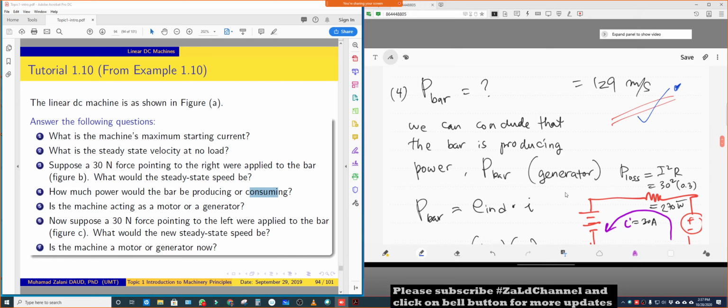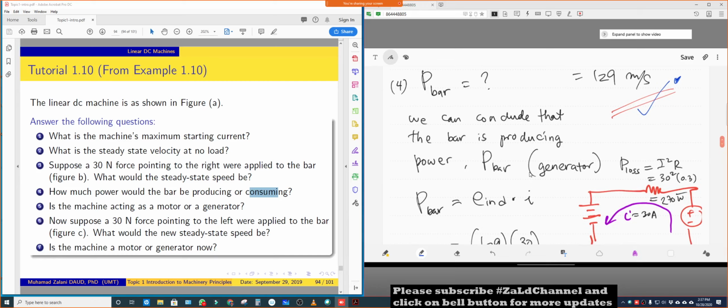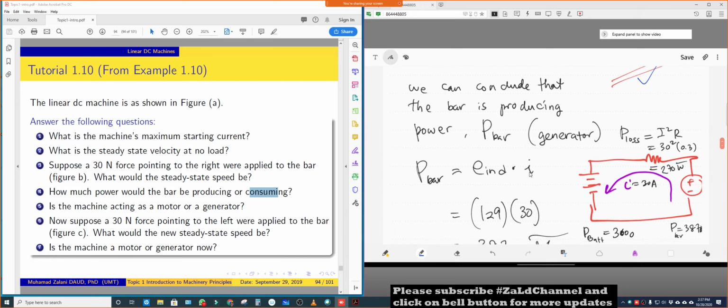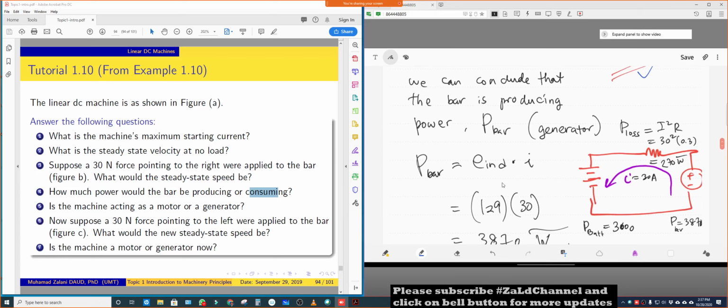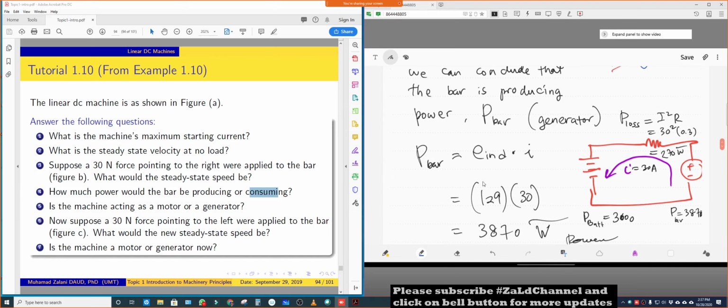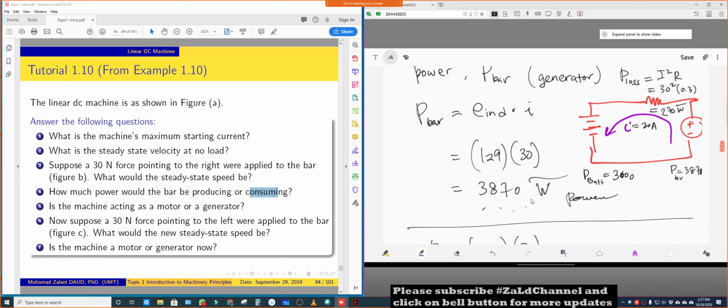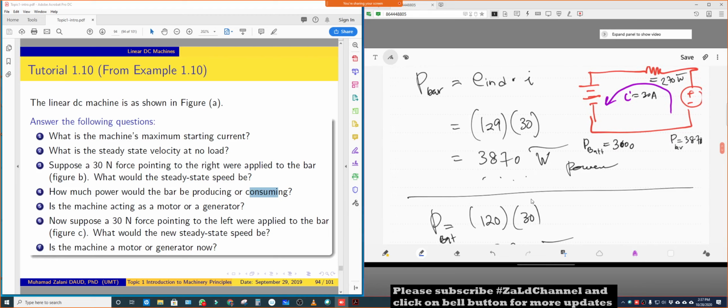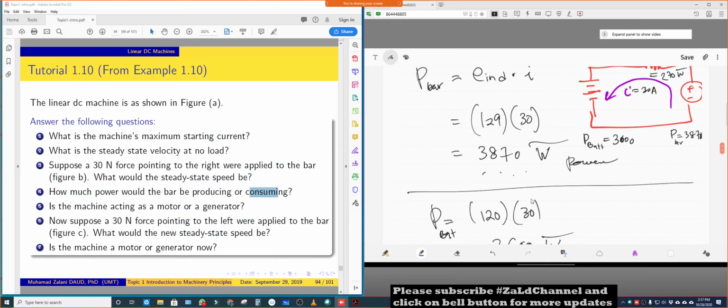So we can simply use this equation, because at the generator side we have induced voltage times the current that is flowing to the battery. So P bar is 129 times 30.